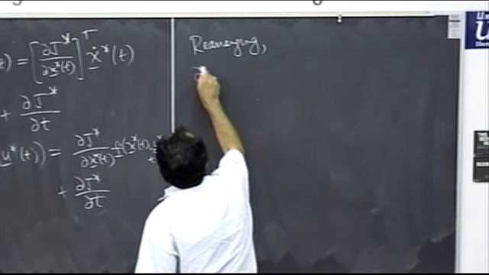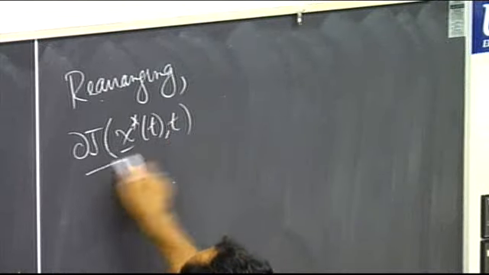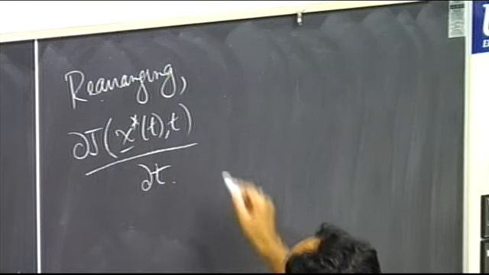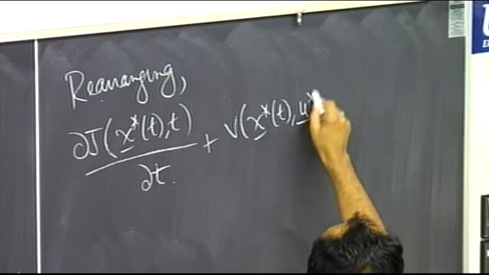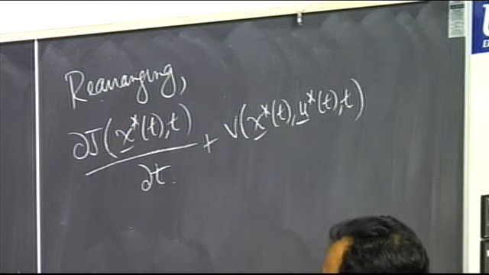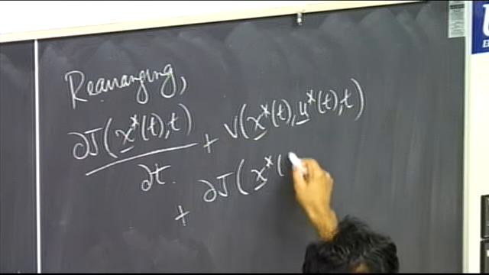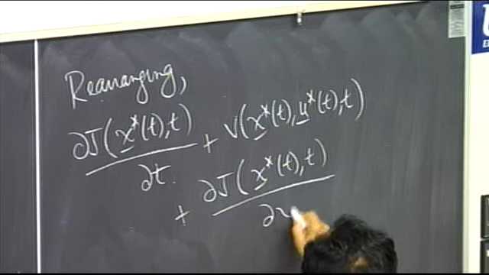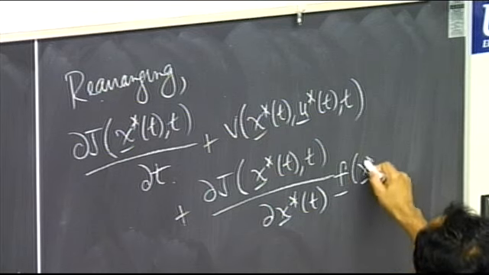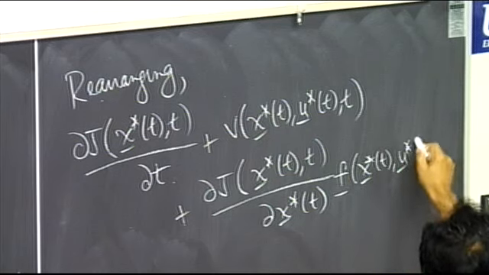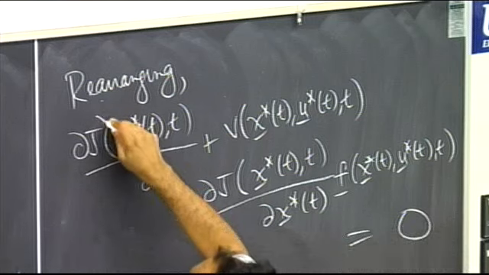We get the partial of J, and now I'm going to be a little bit more explicit, of x star of t and t with respect to t, plus V of x star of t, u star of t, and t, plus the partial of J of x star of t and t with respect to x star of t times f of x star of t, u star of t, and t is equal to 0, right?